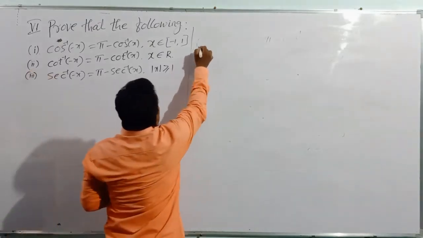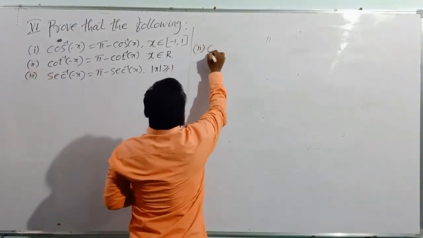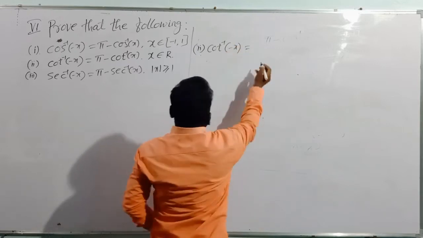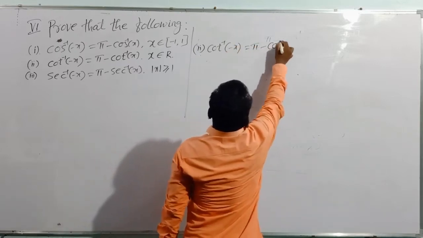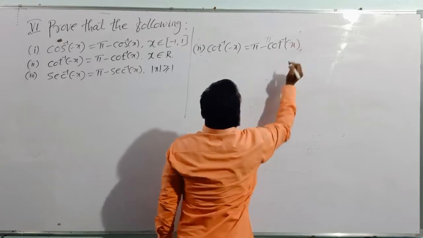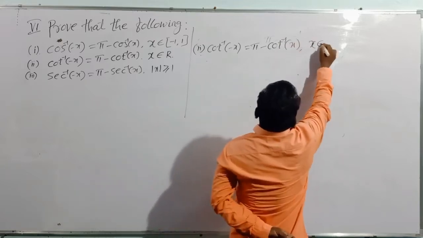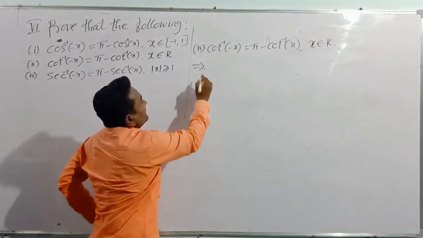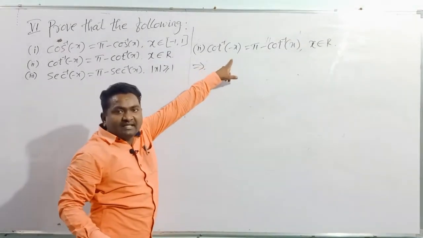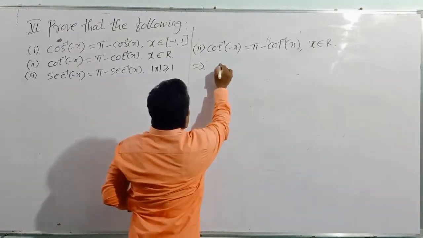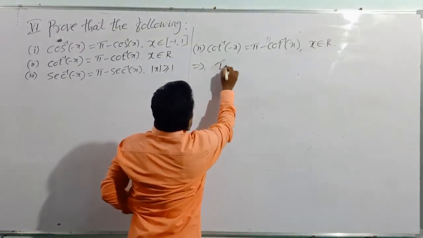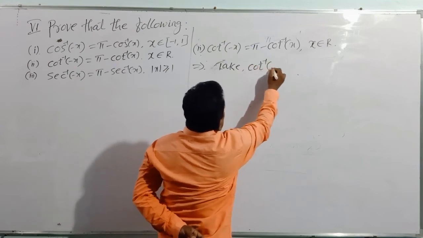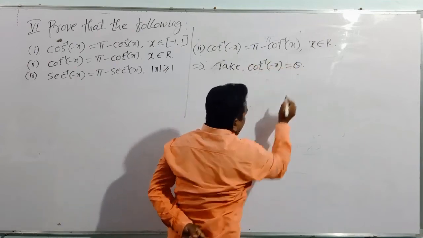The second one is cot inverse of minus x equals pi minus cot inverse x, where x belongs to R. Now take cot inverse of minus x equal to theta.